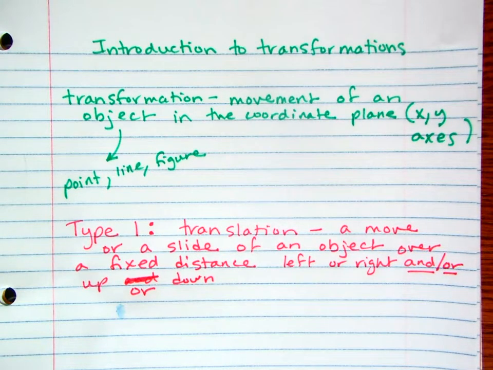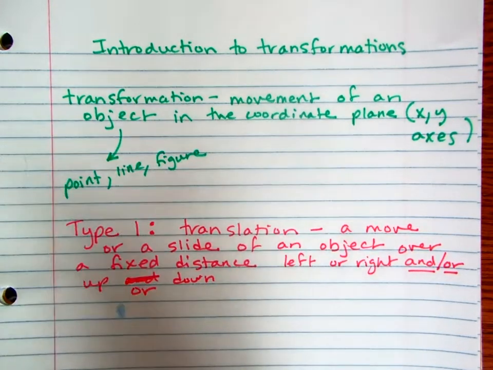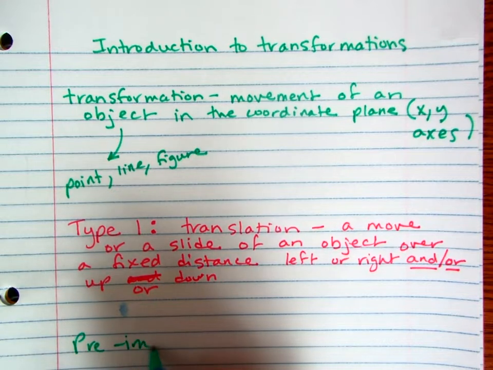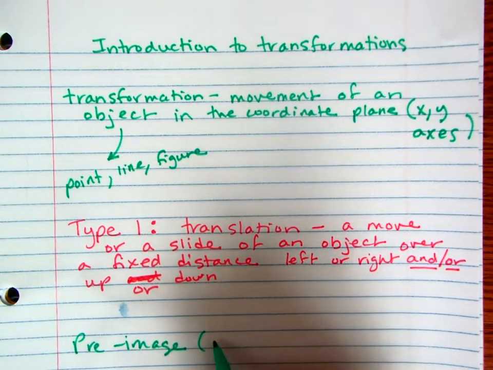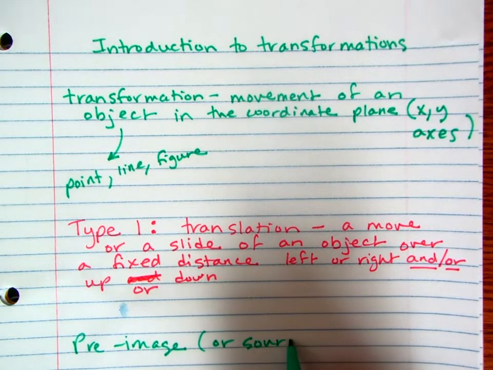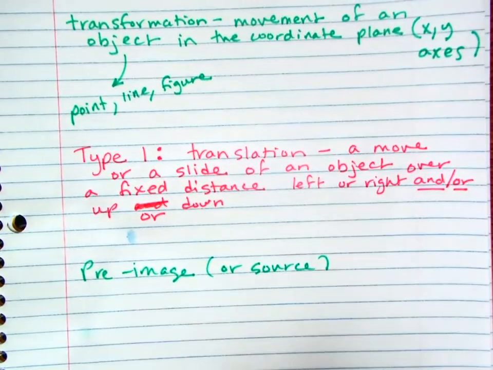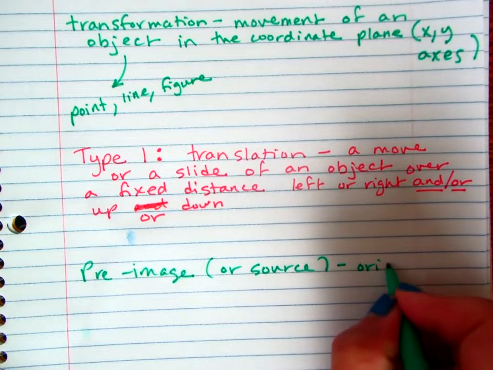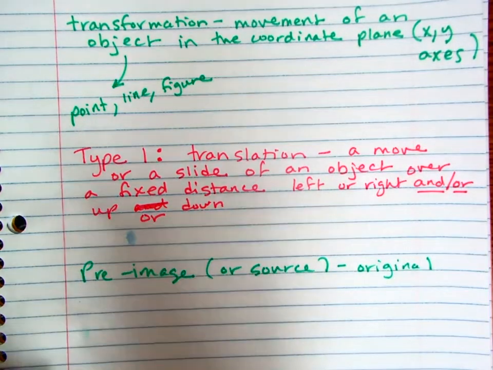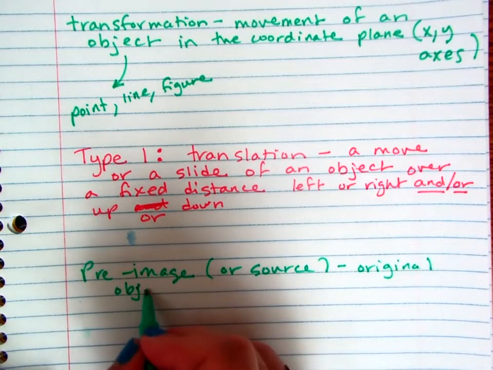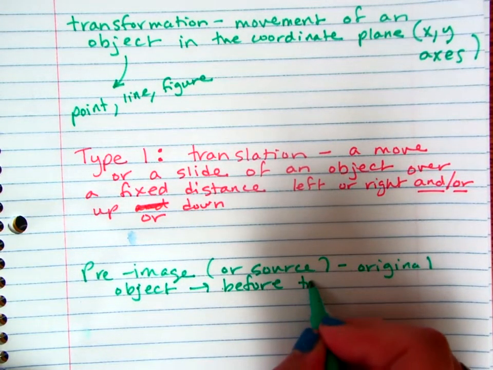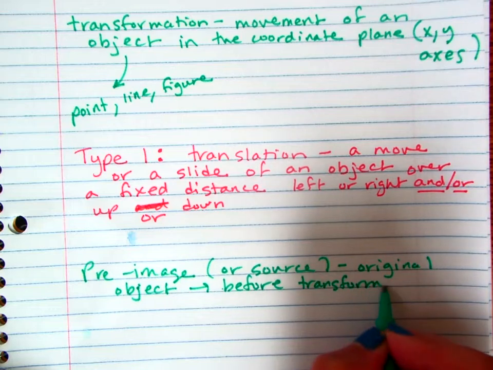So one thing to know in any transformation: the pre-image, and sometimes this is called a source, is just the original object. So it's before the transformation, in this case, a translation.